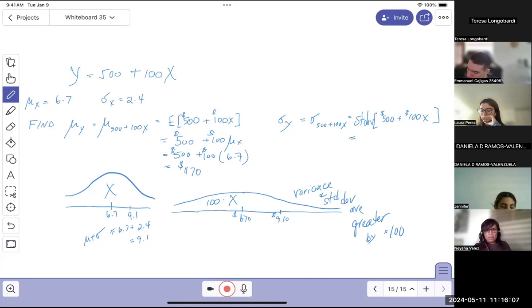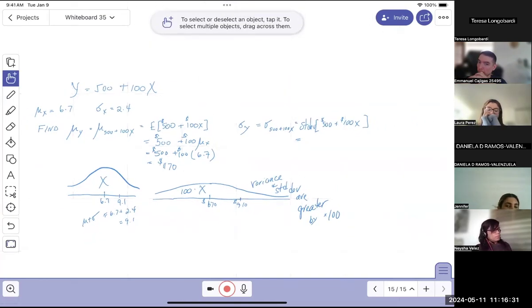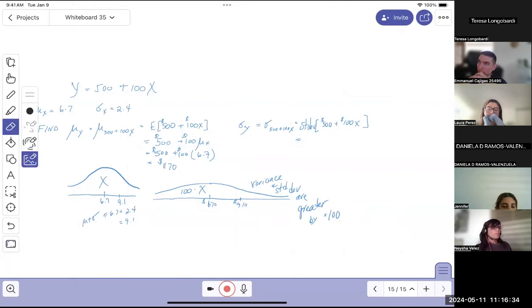What about the 500? If I add 500 to every value, do I affect the spread of the distribution? I'm going to just say the standard deviation because it's not the variance.